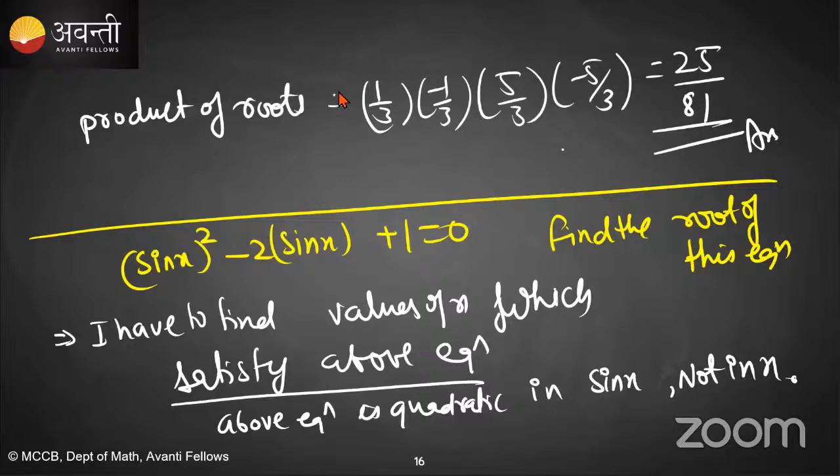So when you assume sin x as some variable, then you will get maximum 2 roots. Right? Is it clear? ओके, इस चीज का डाउट यहीं पर खत्म कर लो ताकि तुम्हें कोई दिक्कत ना हो. ओके, shall we proceed further?